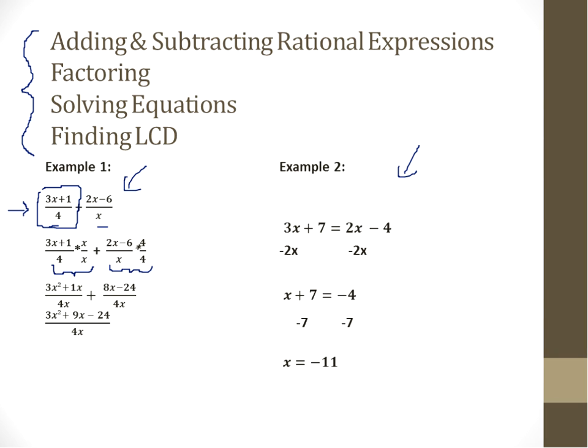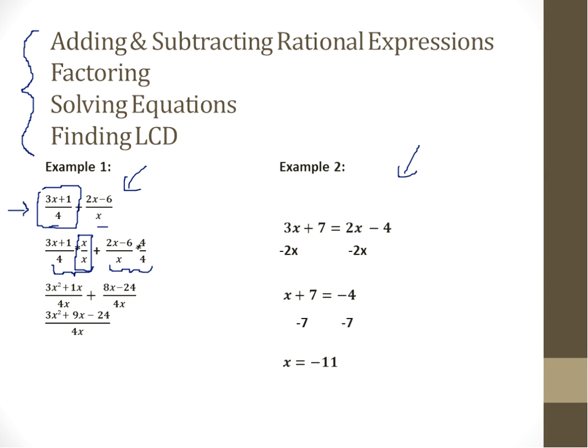Since the denominator now is just 4, and I need a common denominator of 4x, I'm going to have to multiply it, you'll see here in the next step, by x over x. Remember, everything that I write in mathematics is always equivalent. So the only way that I can make 3x plus 1 over 4 something in an equivalent form is to multiply it by 1.